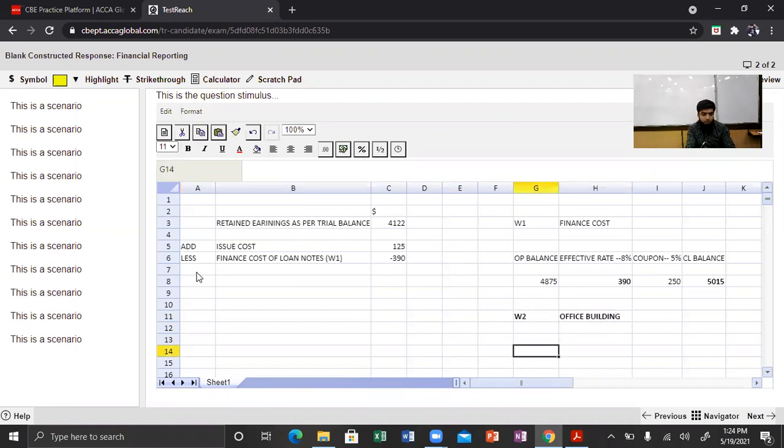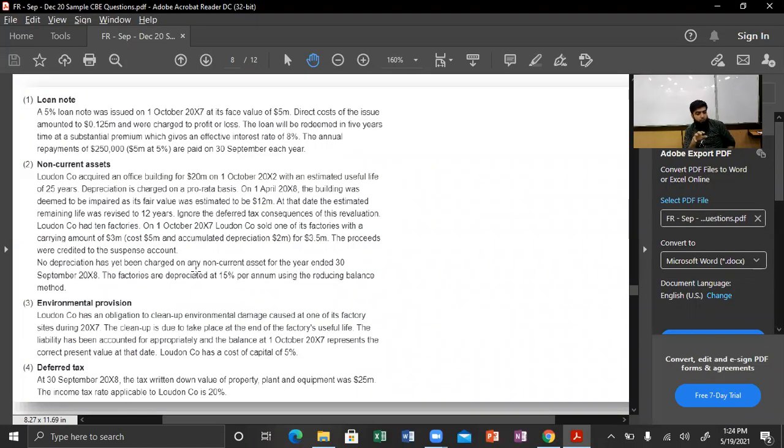So office building. The company acquired an office building for $20 million on 1st October 20x2 with an estimated useful life of 25 years. It means on 1st October it was acquired.